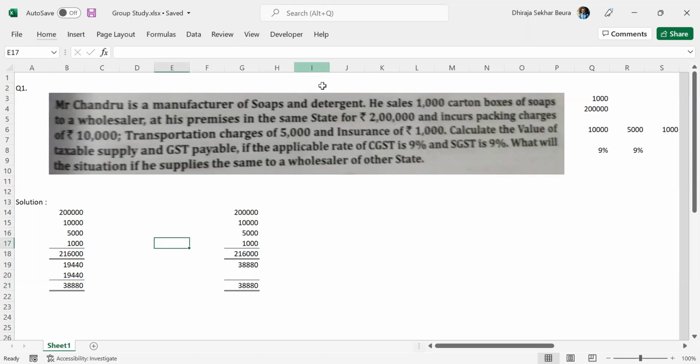So let's say any question, I'm not talking about this particular one, here we have 3 transactions, right? Now whenever any question comes, a very basic question that always comes is GST liability, tax liability. So in tax liability, we need to add the GST on the first transaction, and then add the GST of the second transaction and the third transaction.